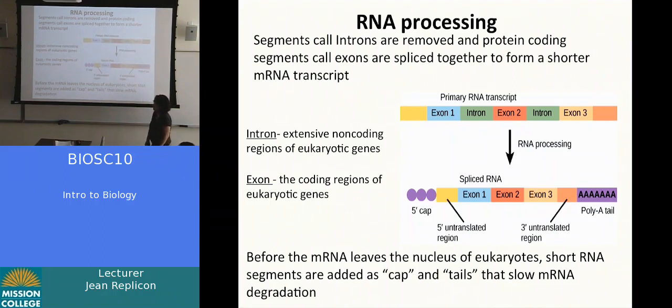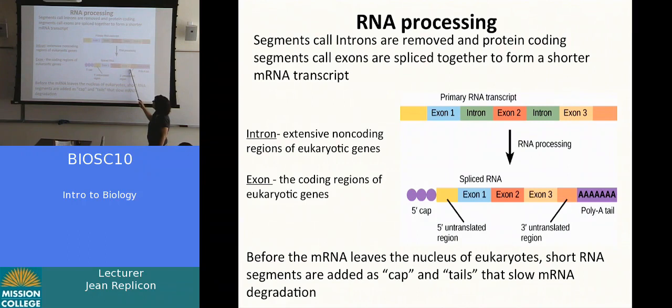I imagine that the nucleotides would be reused. There's probably use for extra nucleotides, no doubt, but they're cut out. And then the exons are the pieces that get sealed together. So that's the coding regions.